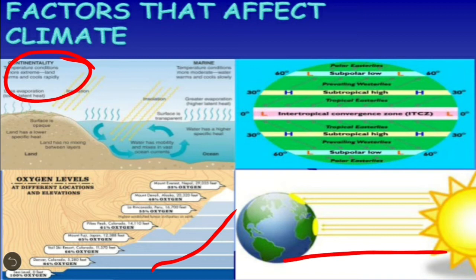This is when the sun's rays fall directly at the equator, and that area experiences a very hot temperature, very warm climate, and this is about the wind pressure, the winds which are flowing. So this I have just explained to you.